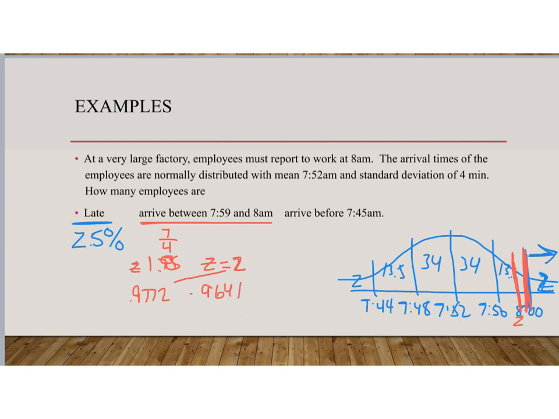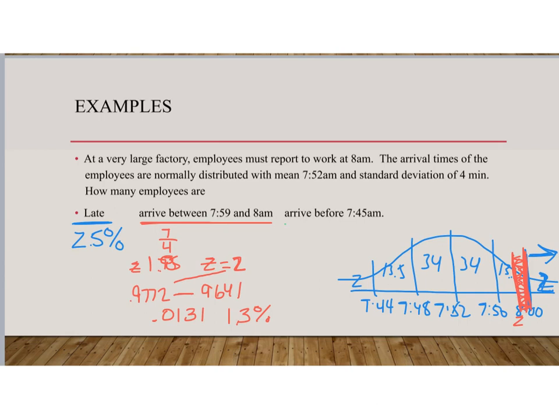And I'm going to subtract these because I want to know what's in between them. So subtracting that would give me 0.0131, or about 1.3% would have arrived between 7:59 and 8 a.m. that day.